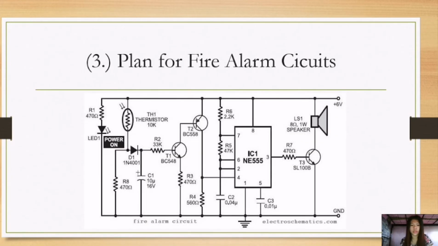Next is the plan for fire alarm circuits. So we know that the fire alarm circuit is a simple circuit that detects the fire and activates the siren sound or buzzer. And fire alarm circuits are very important devices to detect fire in the right time and prevent any damage to people or property.